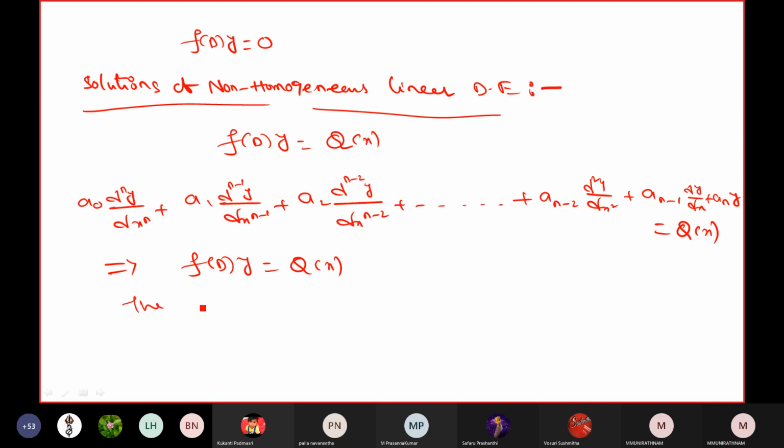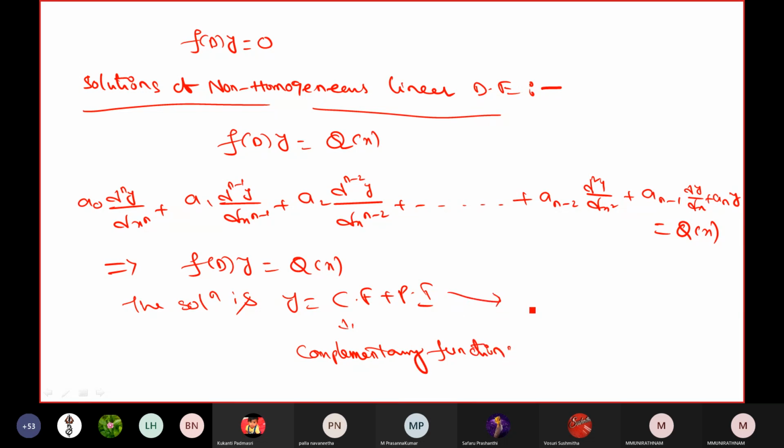The general solution of this kind of equation is y = CF + PI. CF is the complementary function, plus PI, which is called the particular integral.